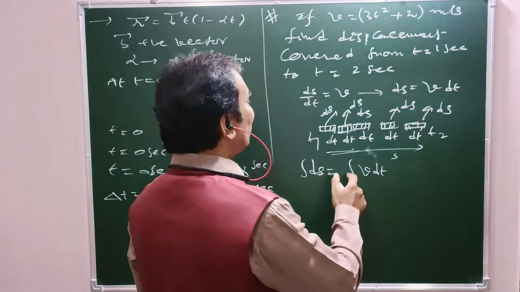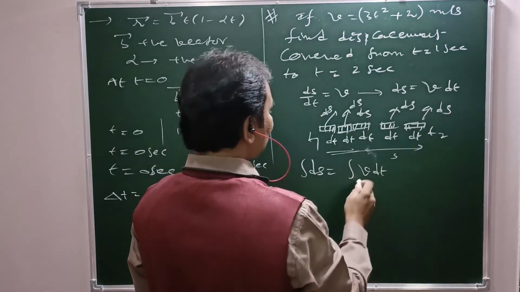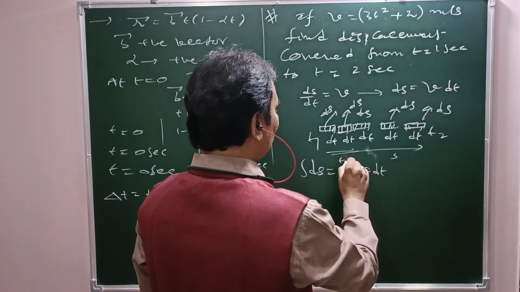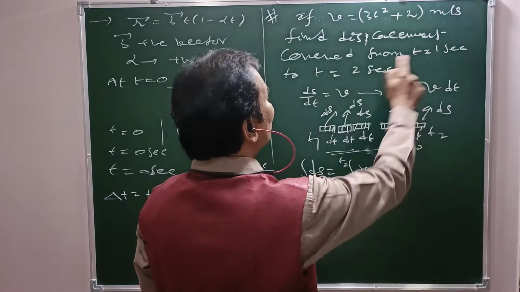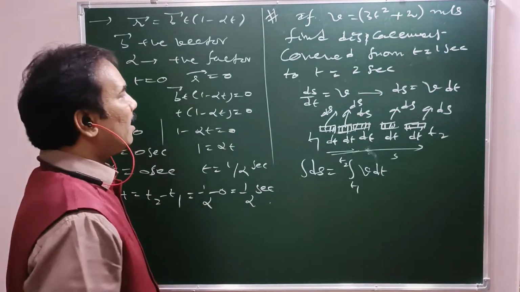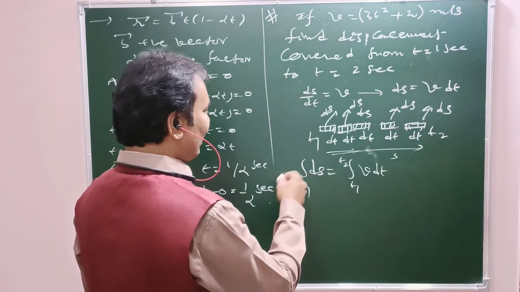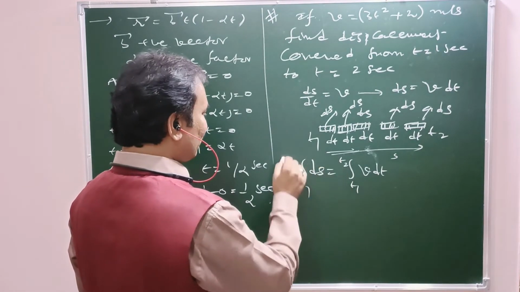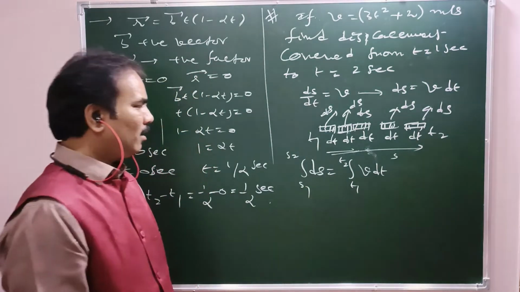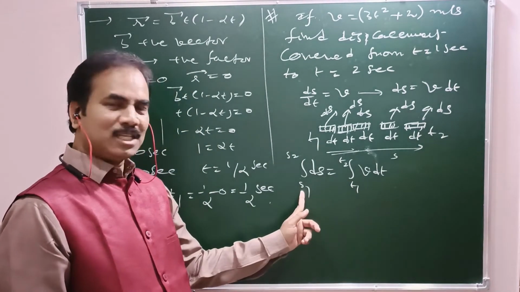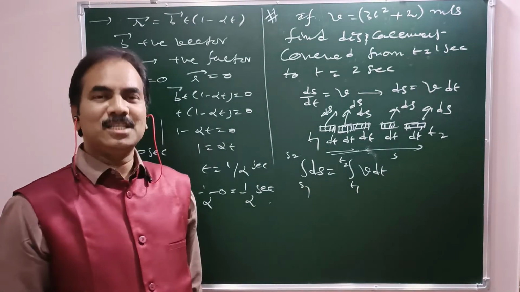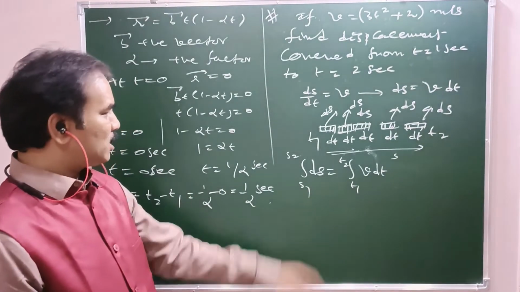What is the interval here? t1 to t2, that is 1 to 2 seconds. Right. What is the displacement at t1? S1. At t2, that is S2.